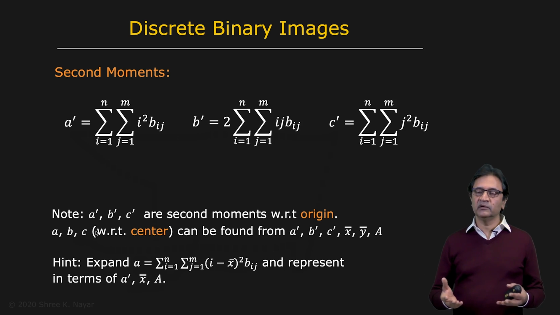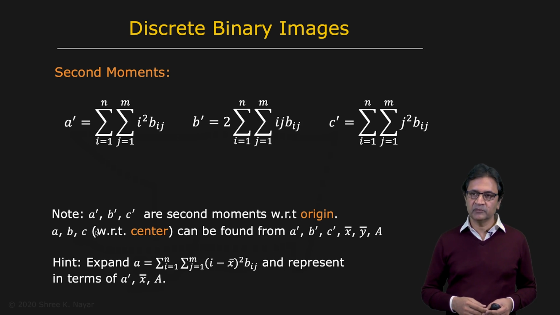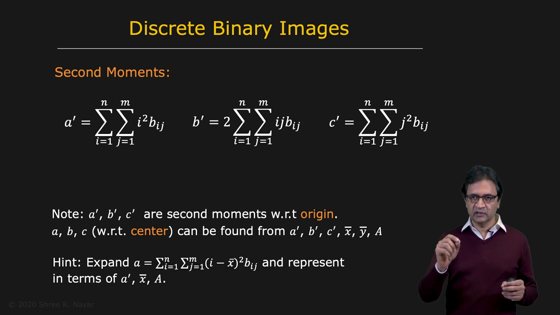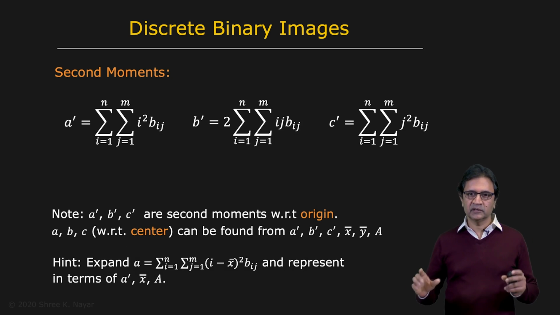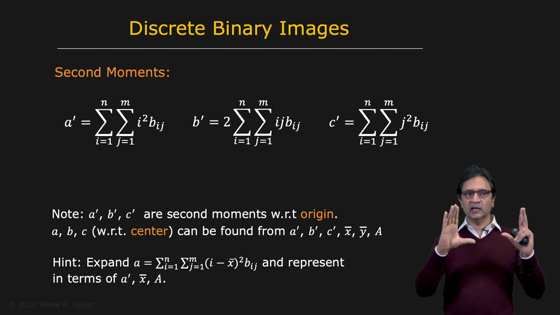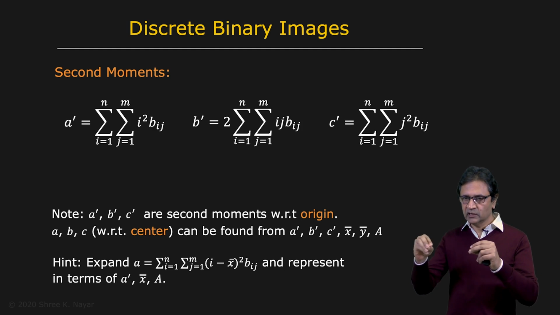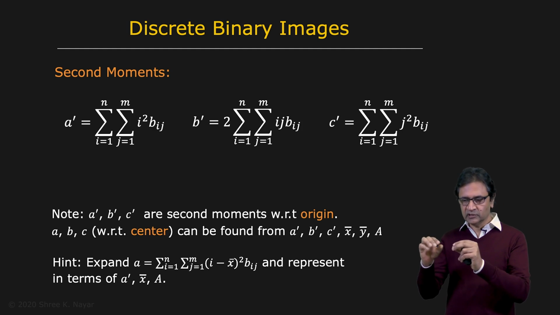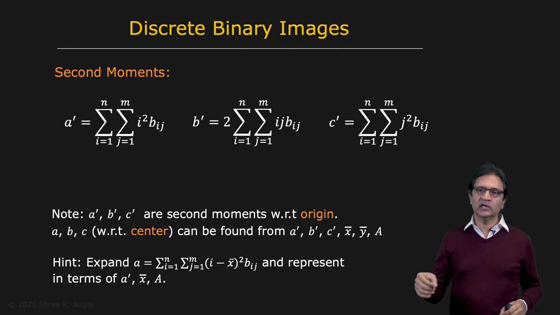So the reason we find A prime, B prime, and C prime here, that is, we haven't shifted the coordinate frame to the center, is you can imagine that an image is captured and you're doing your A to D conversion, you're reading out the image, and for each pixel, you can update all the moments that you were looking at.